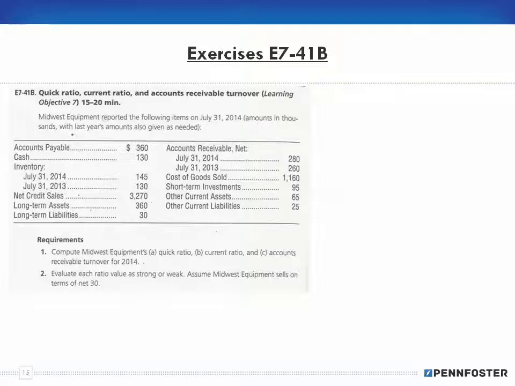Amounts in thousands, with last year's amounts also given as needed. So here's the data. Compute Midwest Equipment's quick ratio, current ratio, and accounts receivable turnover for 2014. Evaluate each ratio as strong or weak. Assume Midwest Equipment sells on terms of net 30 days.